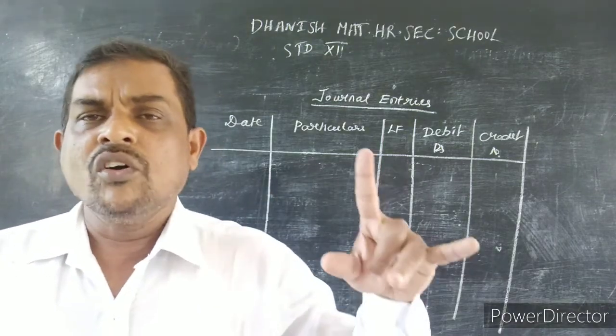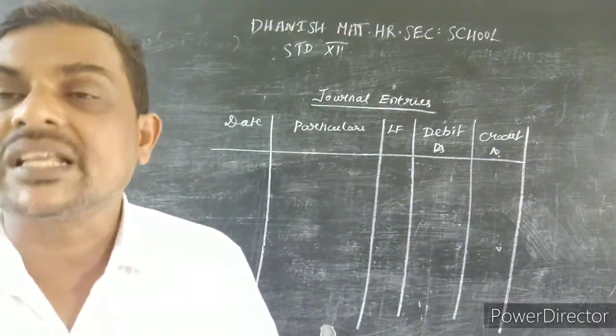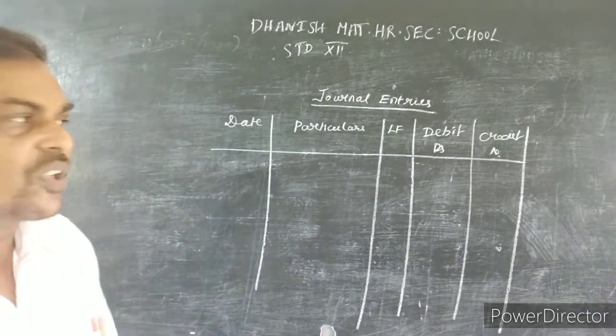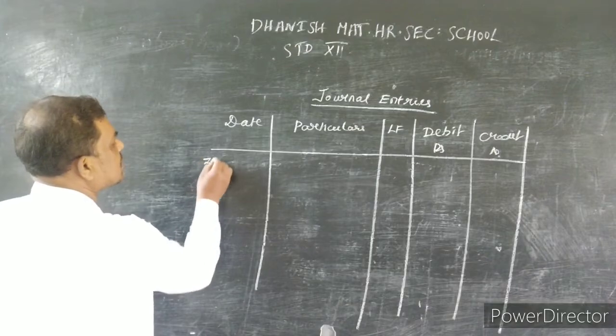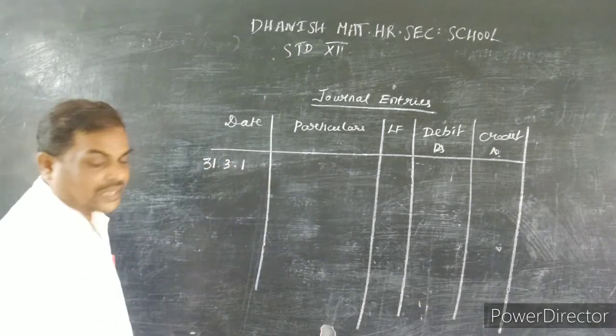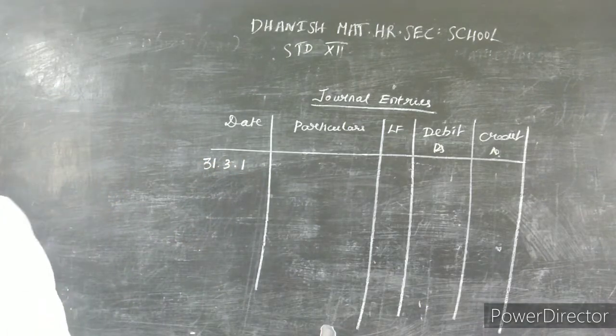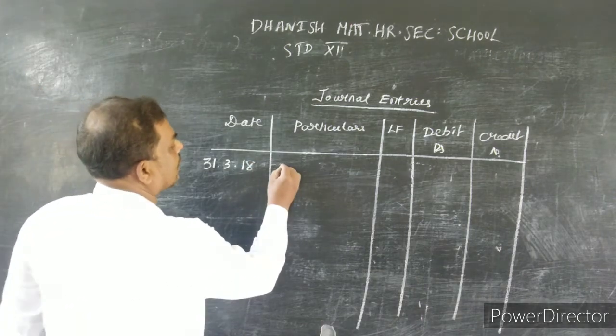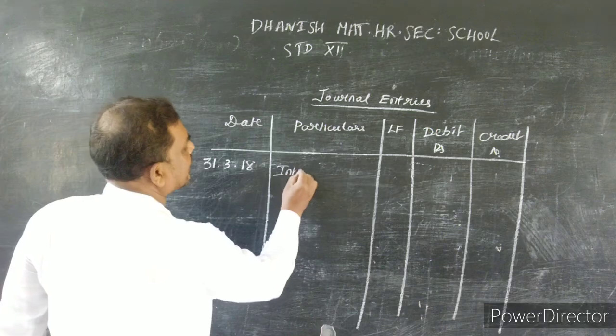Now we are going to write the journal entry for interest on capital. What is the date they have given? Closing date 31st March 2018. What is the journal entry?